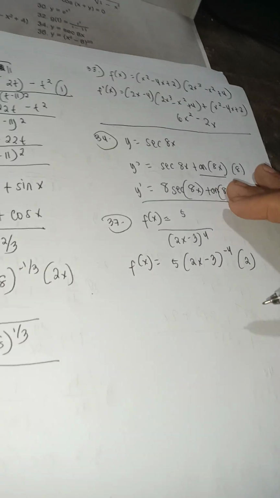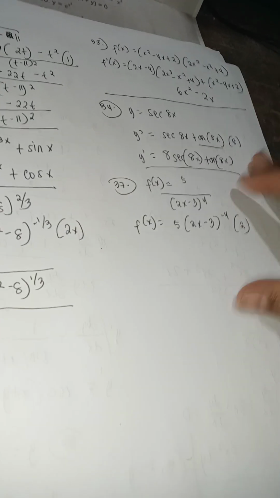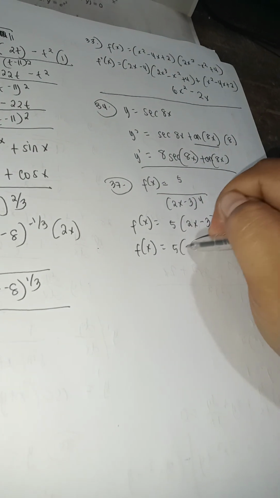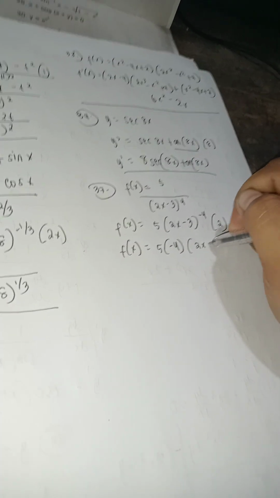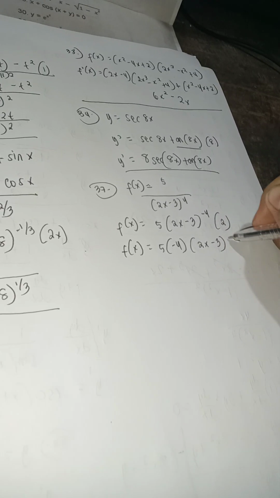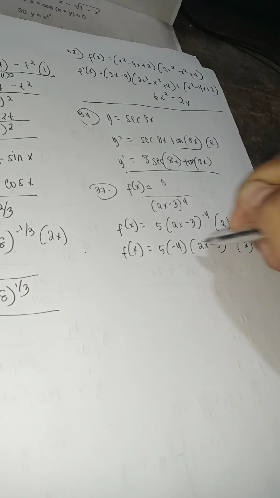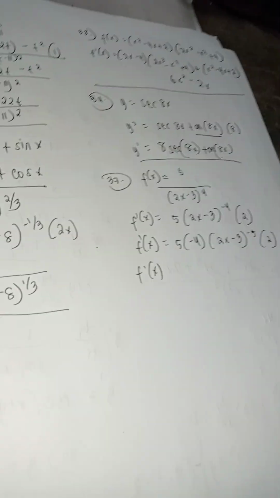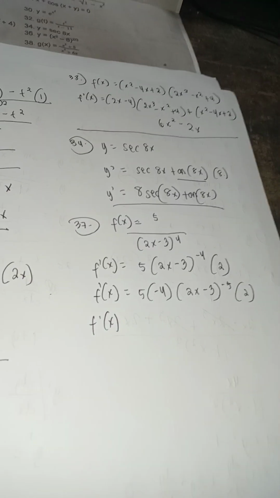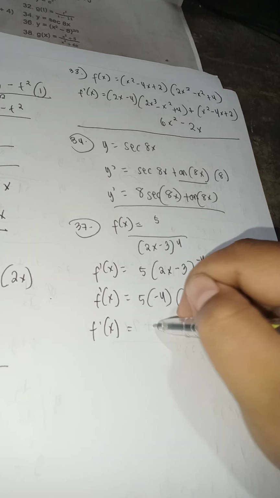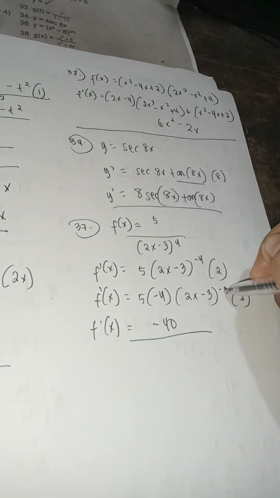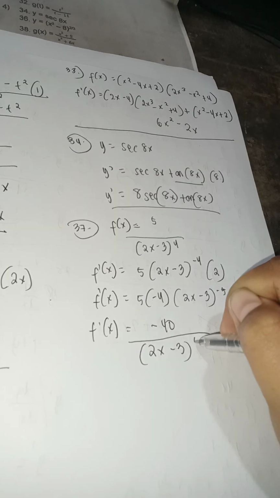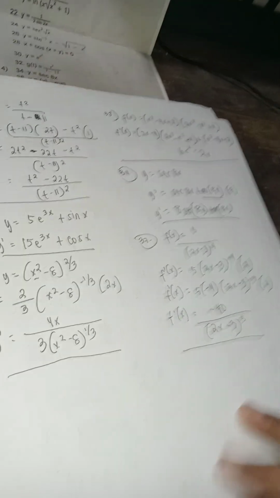So f prime is equal to 5 times negative 4 times 2x minus 3 to the negative 4 minus 1, which is negative 5, times 2. 5 times negative 4 times 2 is negative 40. Negative 40, bring this down because it has a negative exponent. It's 2x minus 3 to the 5th power. So this is our final answer.